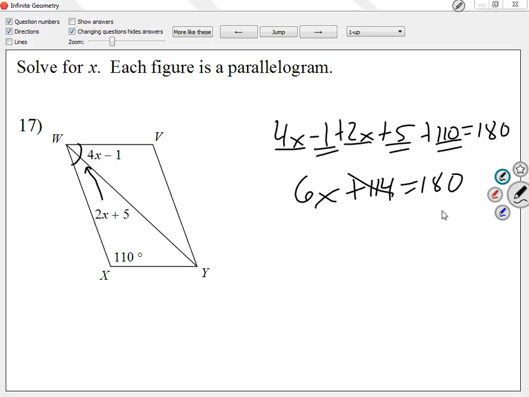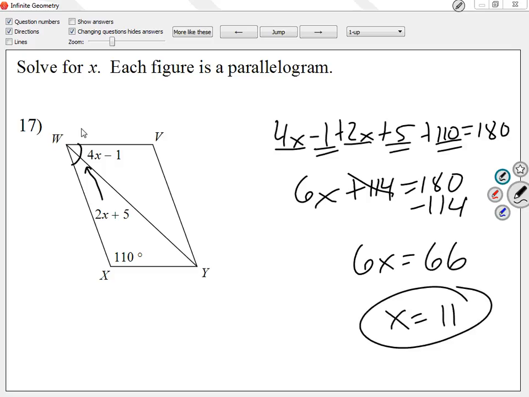Now the positive 114, let me bring it to the right as a negative 114. So 6x is equal to 66. So how big is x? 11. The instructions were solve for x, so we're done. X equals 11.